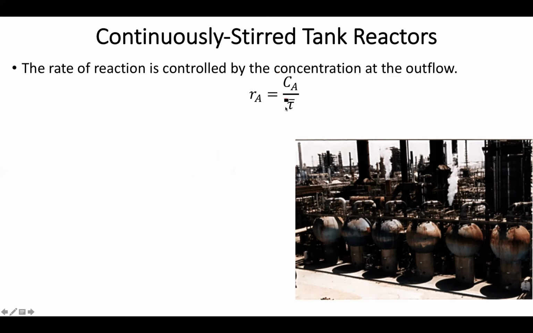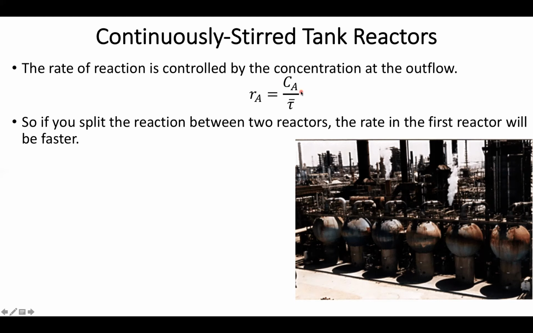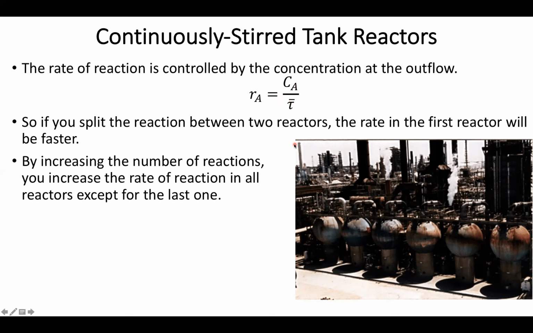I can reduce the residence time by increasing the concentration, by decreasing my yield. What this means is that we can split our single large reactor into two smaller reactors. The first reactor is going to run a lot faster because it's going to have a much higher concentration of our reactant. So I may be able to run it through there faster, or I might just need a smaller reactor in order to run at steady state.